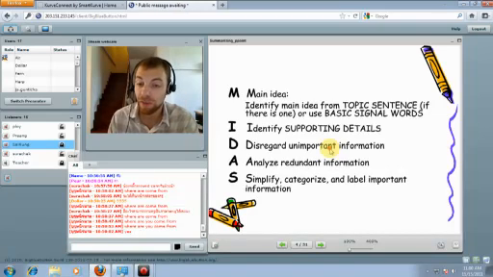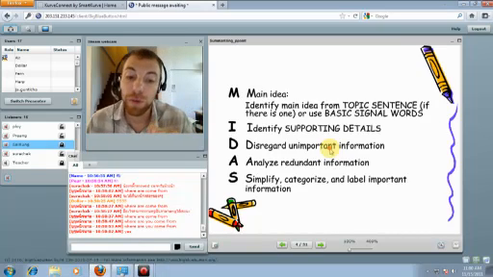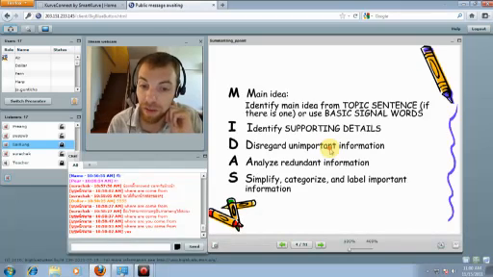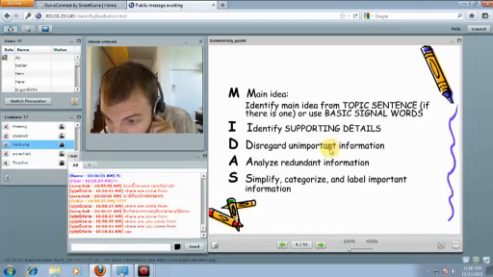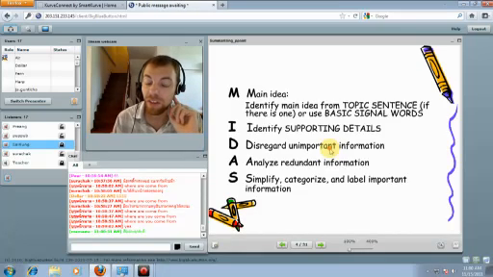So redundant means over and over, again, again. So those are not important. We need to not say the same thing many times. And the last one, S, we need to simplify, categorize, and make our information very easy to read and understand.